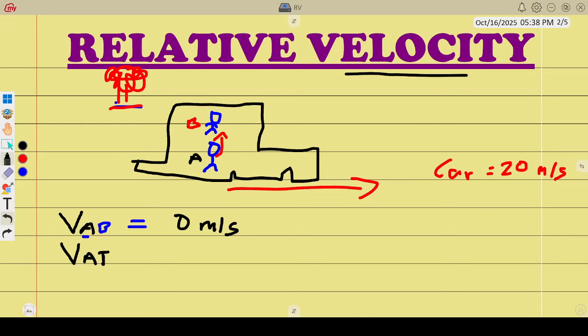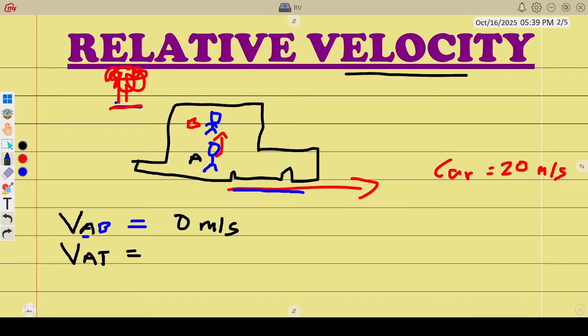So the tree is just on the earth. It is not moving. But in this case, it looks like the tree is going backwards, although it is not really going backwards. So what is happening here? This is why you have to follow it nicely.